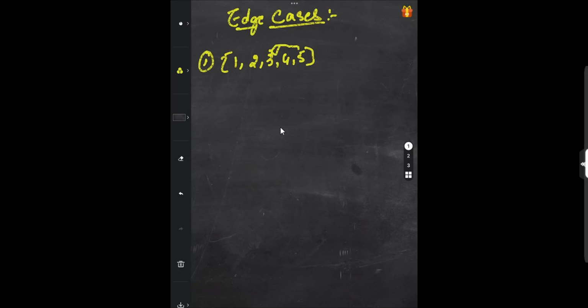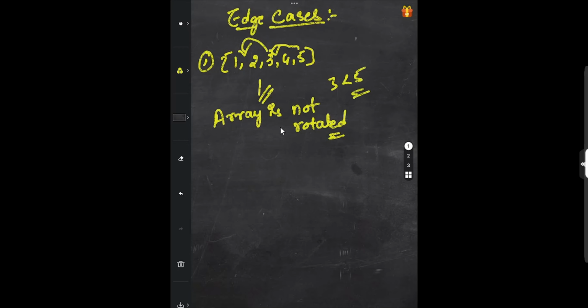So the element present at the first index will be the least, and the output will be 1. This is for the case where the array is not rotated. This is fine.